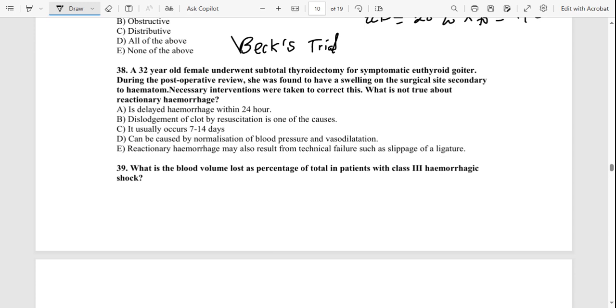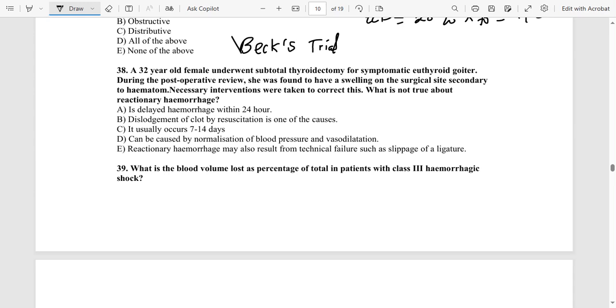A, delayed hemorrhage within 24 hours, dislodged clot by resuscitation is one of the causes. B, it usually occurs 7 to 14 days, can be caused by normalization of blood pressure and vasodilatation. C, reactionary hemorrhage may also result from technical failure, such as slippage of a ligature.